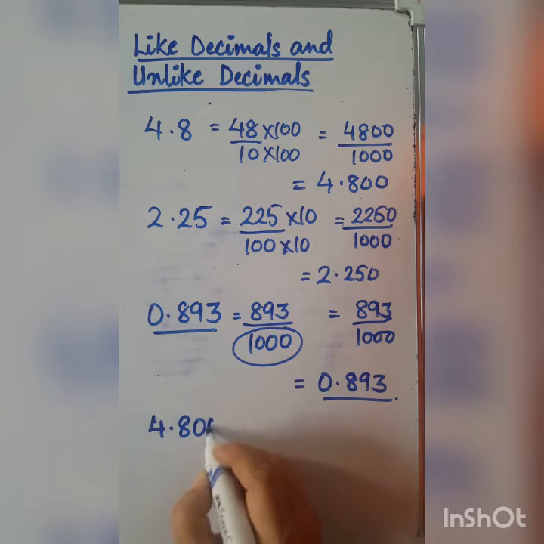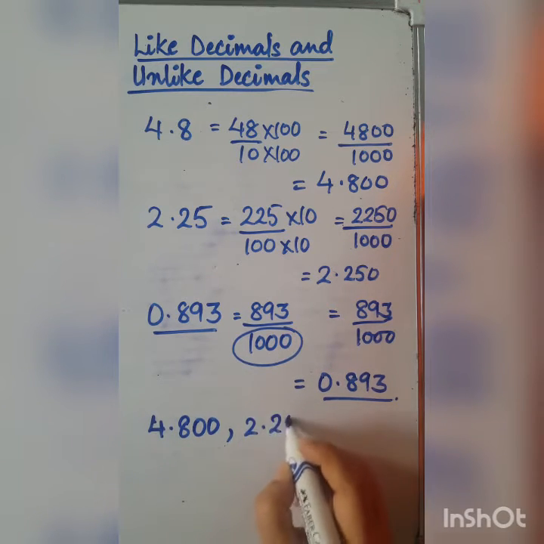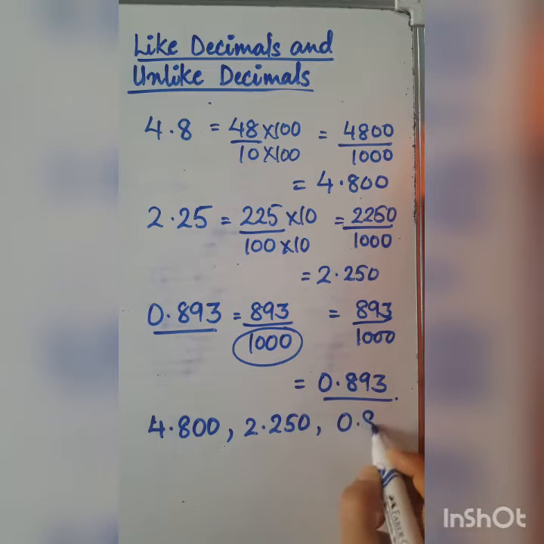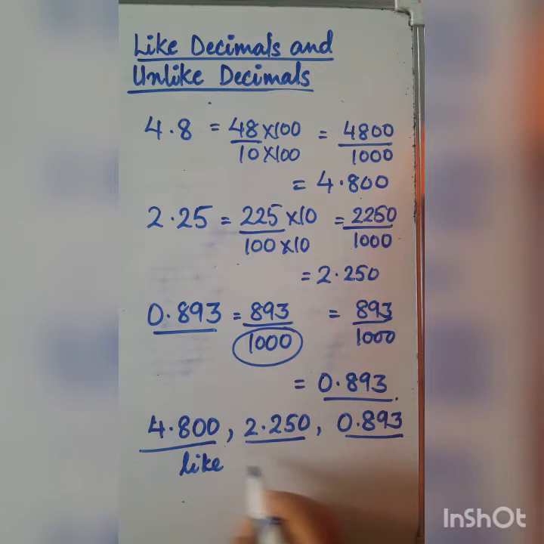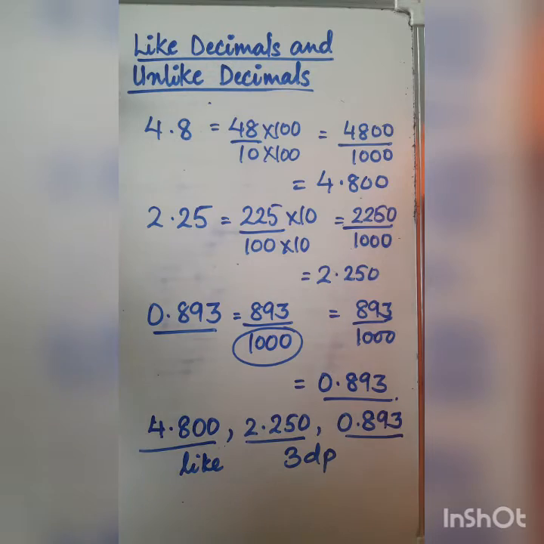That means 4.800, 2.250 and 0.893 are like decimals, as they all have 3 decimal places. And as I told you, writing zeros at the right hand of the decimal does not change the value of the decimals. Therefore, to change unlike decimals to like decimals, we can simply place zeros up to the maximum number of decimal places.